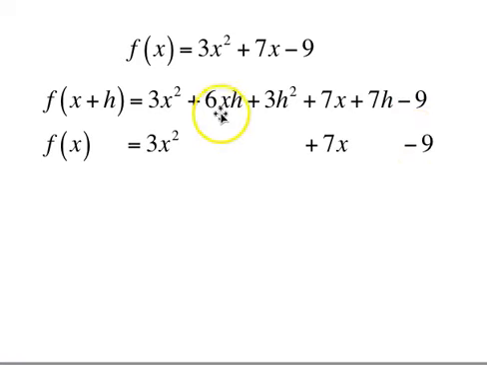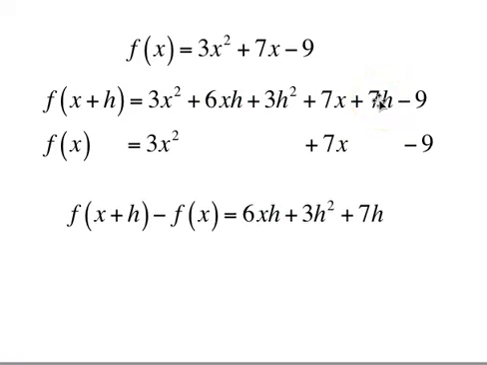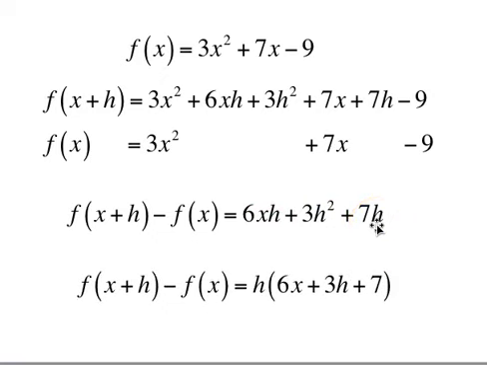What will be left is 6xh plus 3h squared plus 7h for f of x plus h minus f of x. Factoring the h out of this, that will leave me h times (6x plus 3h plus 7).